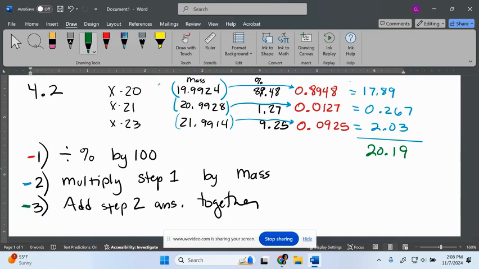Now, what should I do next? Check my work. Yes. I'm not going to do anything else with this number unless it's wrong. Okay? So check number 1. Is this value between your lowest and your highest value?